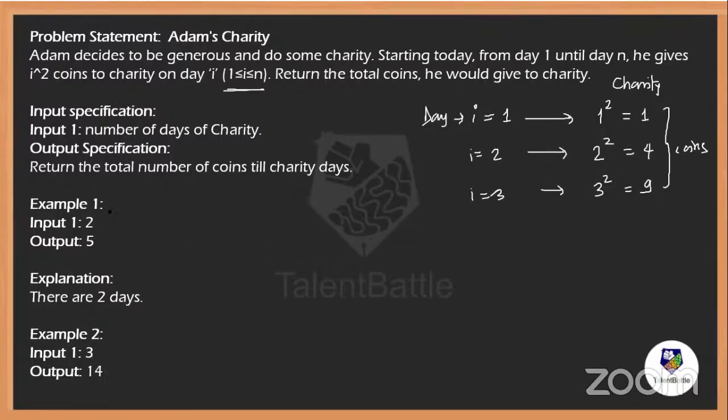So if you go with the first test case, then day 1, where i value is 1, there are 2 days now. See, it is already mentioned, there are 2 days. So day 1 and day 2, where i value is 1 and i value is 2. When the i value is 1, it is doing i square. So according to i square, it will be 1 square, that is 1.